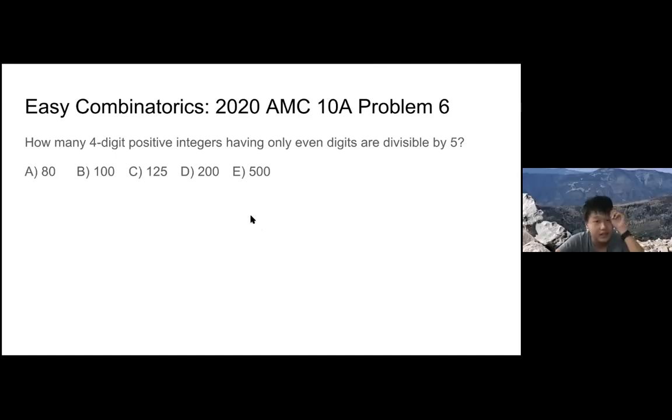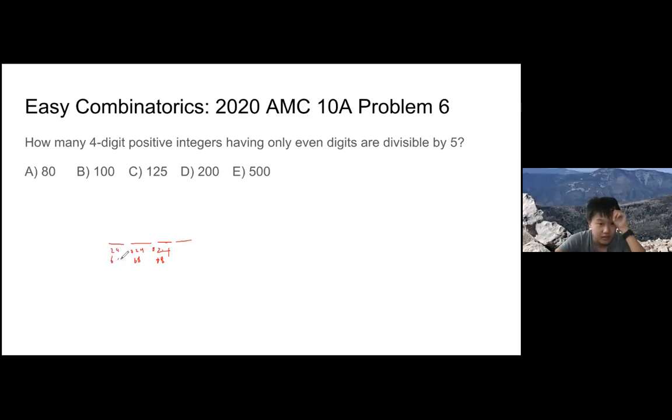Okay, anyways, I'll explain. Essentially you have 4 digits, right? And each of the digits has to be even. So they have to be 0, 2, 4, 6, or 8. Let me write that down. The first digit can't be 0 because it wouldn't be a 4-digit number if the first digit was 0.